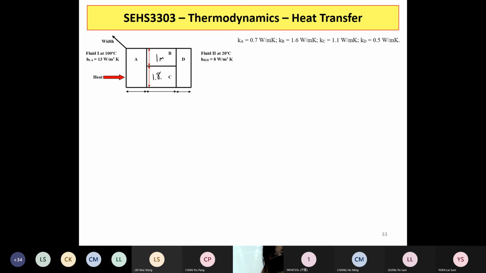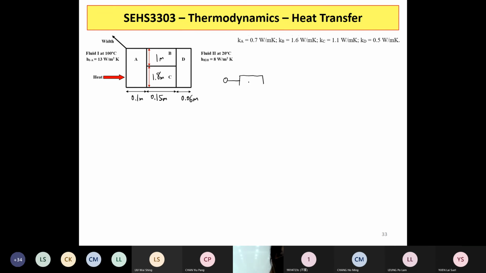For wall C, that should be 1.8 meter, while the distance along the x direction should be 0.15 meter, and for wall D it should be 0.06 meter. Okay, first you need to change the unit from cm to m. So first thing, let's draw the diagram.